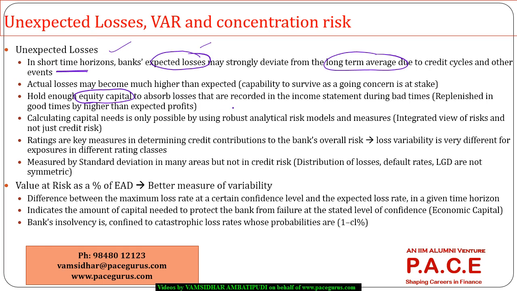In case the actual losses are much higher, and in case the bank's survival is getting questioned, the banks are expected to hold enough capital to absorb the losses that are going to crop up during the bad times. And during good times, when they are generating higher than expected profits, this is typically replenished.